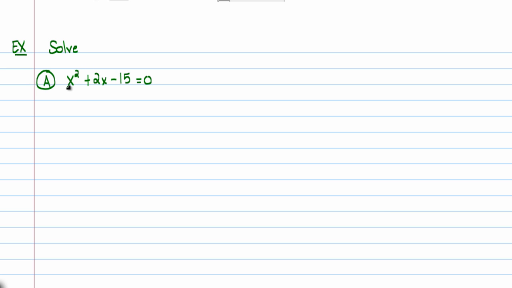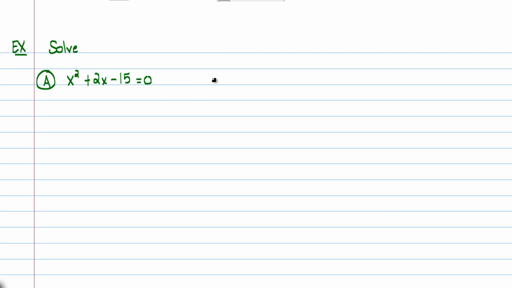I have two different versions of x, a squared version and a power 1 version. So this tells me I'm going to have to rely on special techniques to solve this. Specifically, either factoring, completing the square, or now the quadratic formula. And I will often try to factor first.